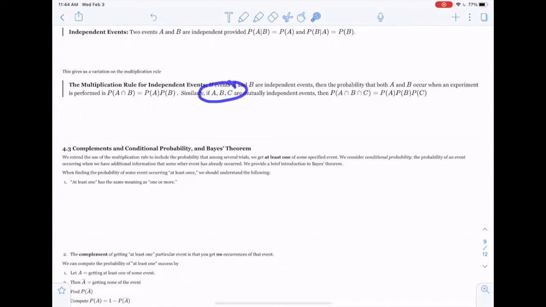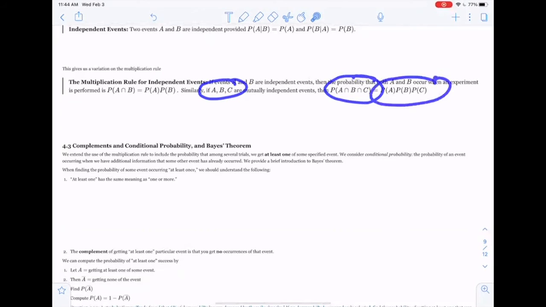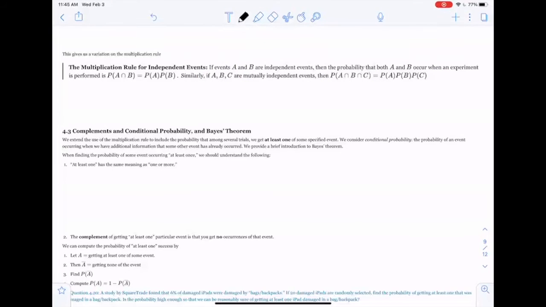Similarly, if I have 3 or more events, the probability of all of their intersections, so the probability of A intersect B intersect C, is just going to be the product of all of those probabilities. The probability of A times the probability of B times the probability of C. This is helpful for lots of different types of events. For example, coin flipping is independent.